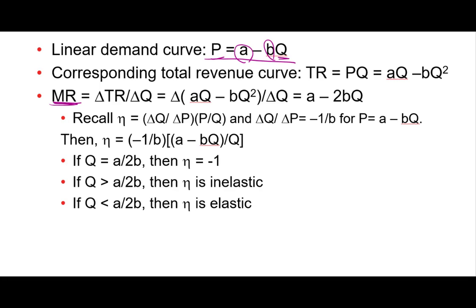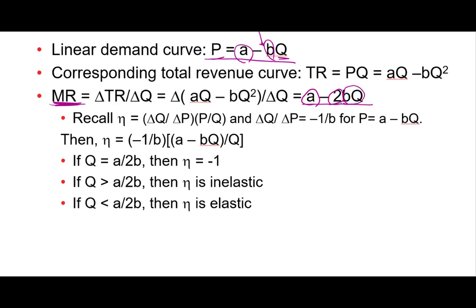When you are given the inverse demand function for a linear demand curve, marginal revenue always has the same vertical intercept as the demand curve, and B multiplied by Q stays the same, but the slope is twice as steep as the original demand curve. So you only multiply 2 in front of the slope of the demand curve, then voila, you can derive the marginal revenue curve very fast.